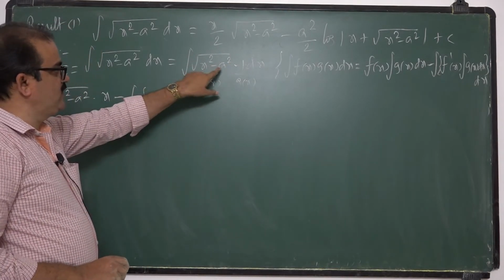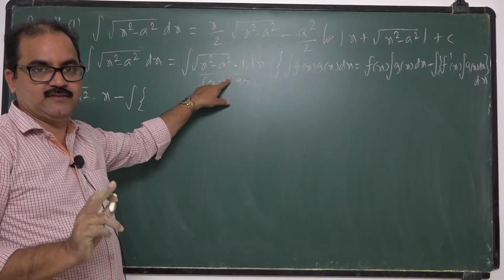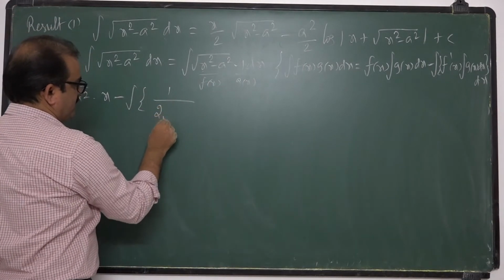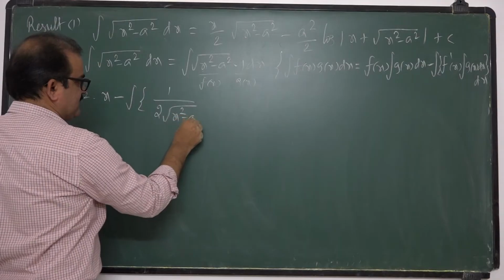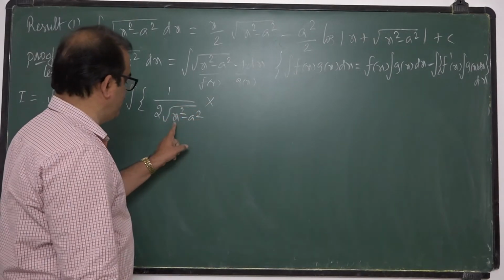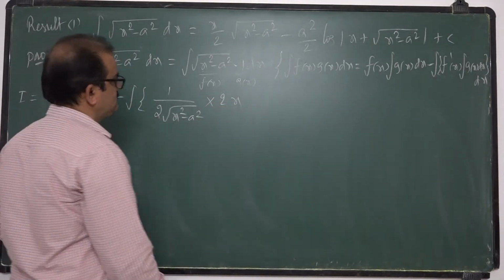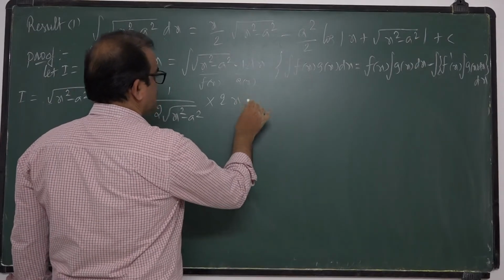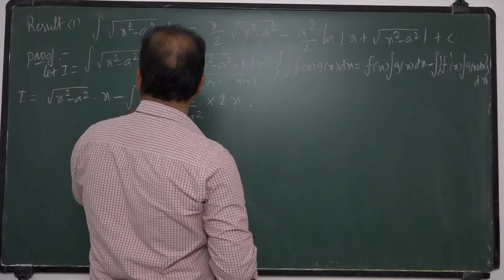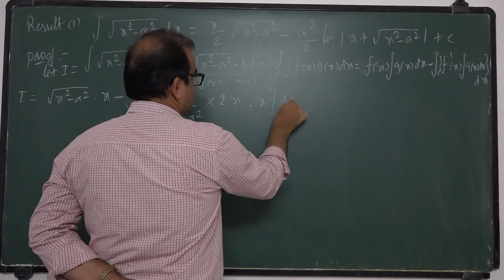It is in the form of d by dx of root x, and d by dx of root x is 1 by 2 root x. Here x is x square minus a square, into the derivative of x square minus a square, that is 2x, into integral g of x, integral 1 dx, that is x, into dx.